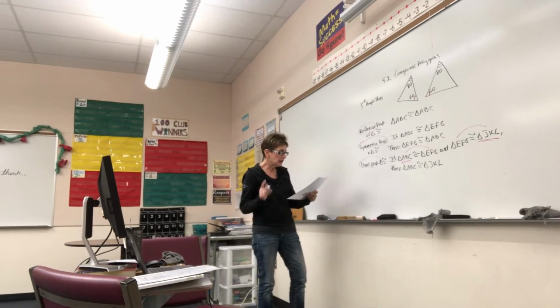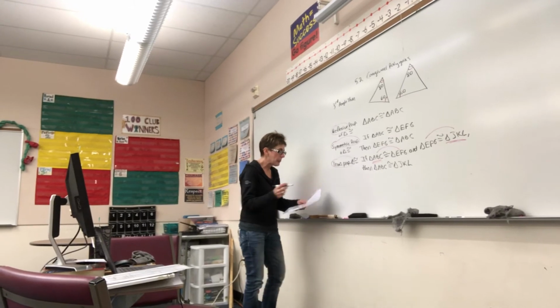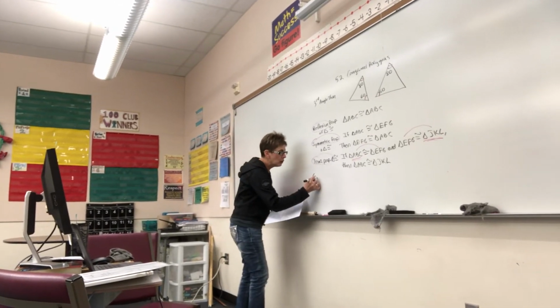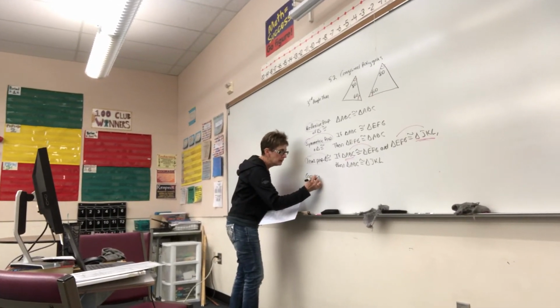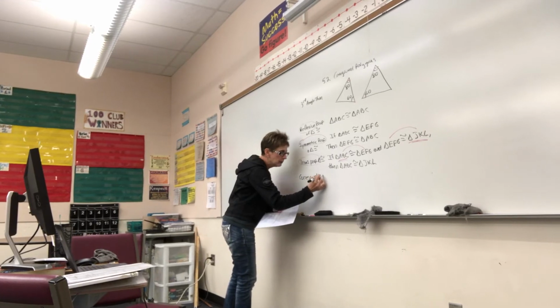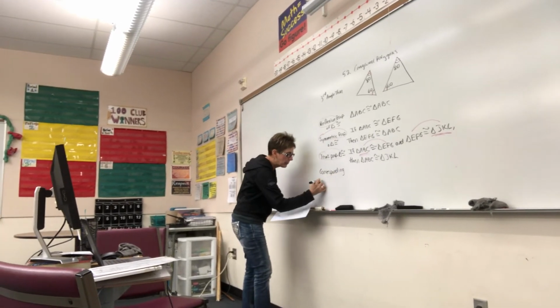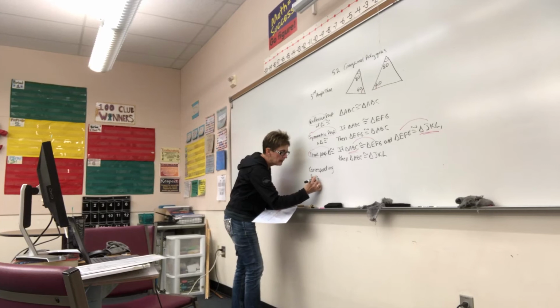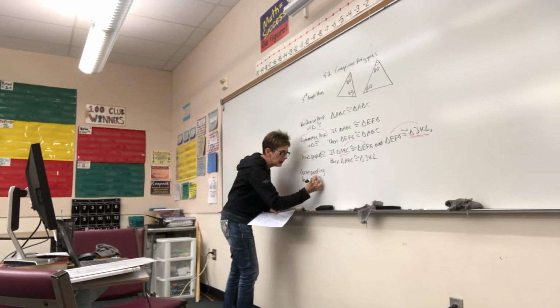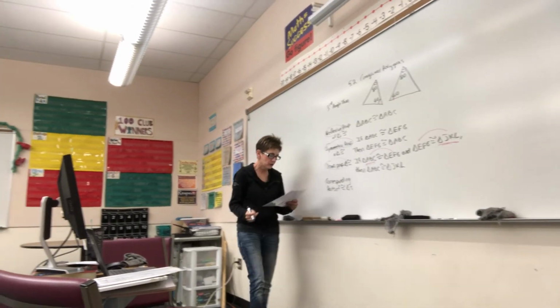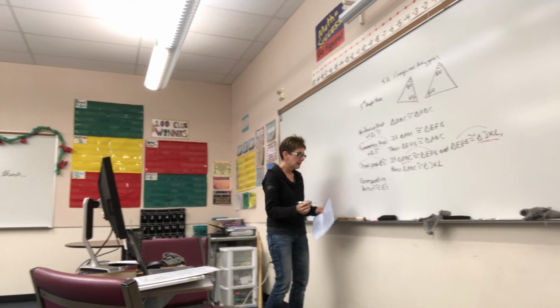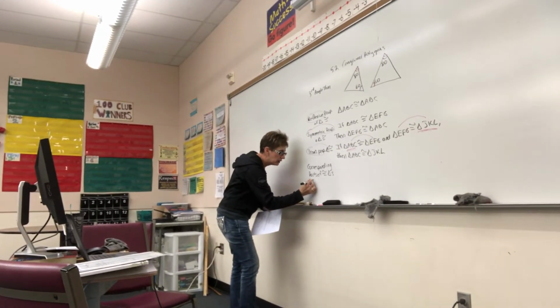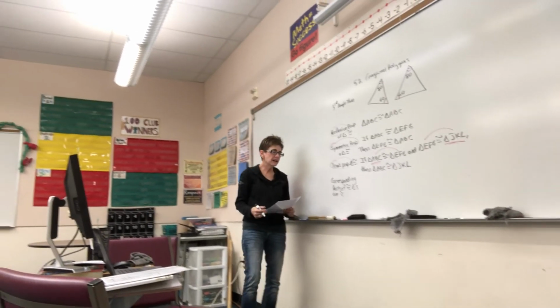Now, there's one last theorem before we do our examples. This is called the corresponding parts of congruent triangles are congruent. That is a big mouthful. Now, that is a lot to say.